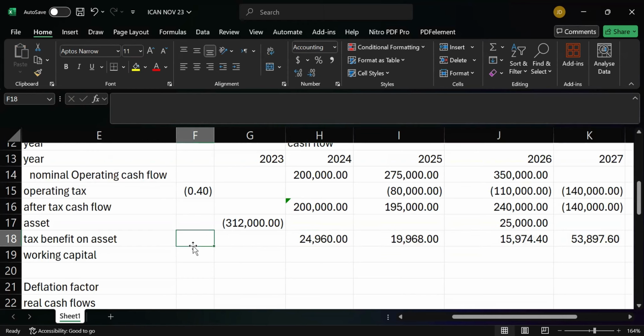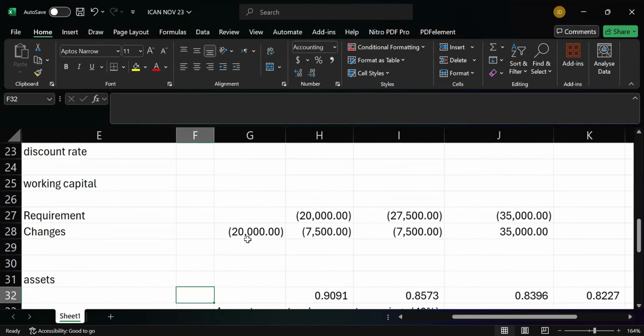Okay. So working capital will be 10% of sales. I've calculated that earlier on. 10% of 200, year one, year two, year three. For the timing, this amount will be needed in year zero. So there's a difference here. 27 minus 20, 7.5.